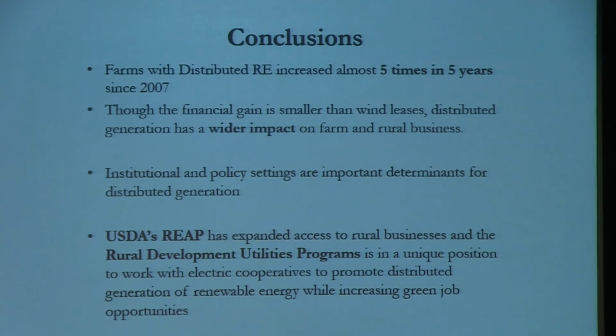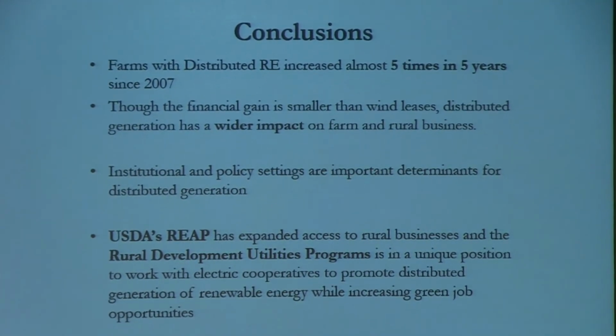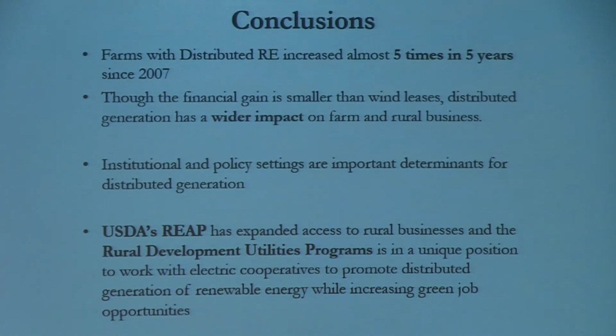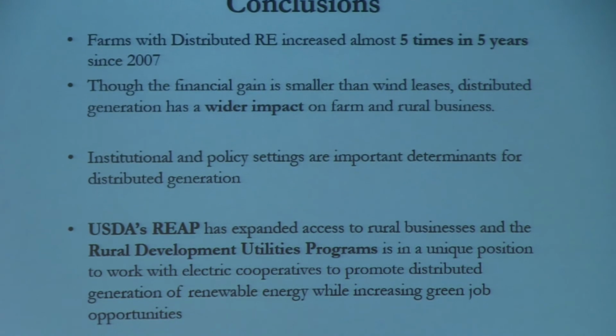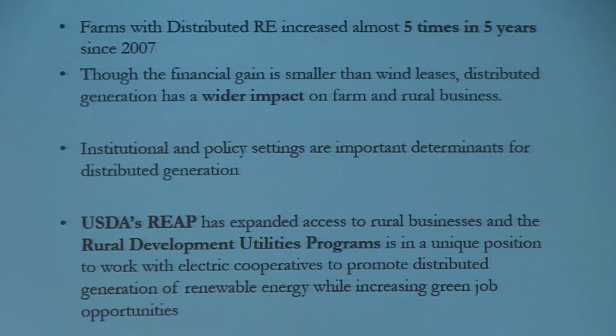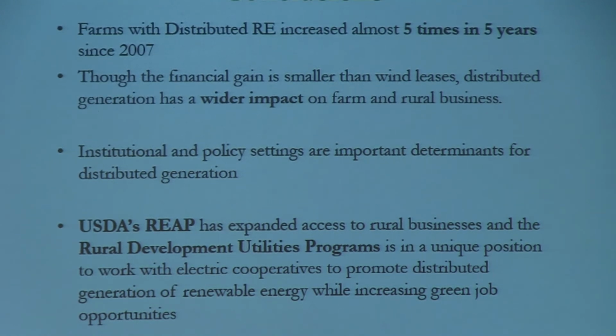We also see that institutional and policy settings are important determinants for distributed generation. And this is important because Rural Development Utility Program is in a unique position to work with electric cooperatives to promote distributed generation of renewable energy. And we already know, like you said, that USDA's REAP has expanded access to rural businesses and farmers.